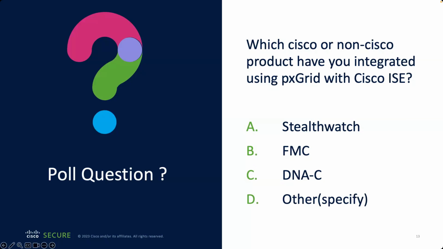Cool. So the first winner over here is DNAC, and the second one is FMC. Oh, I was expecting the same results. All right. There are a few people who are planning to do it with Cisco DNA and StealthWatch.